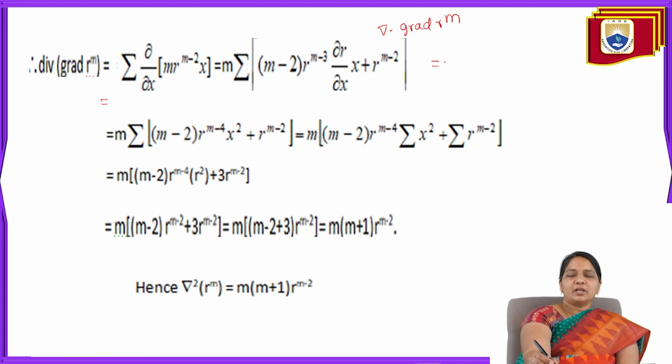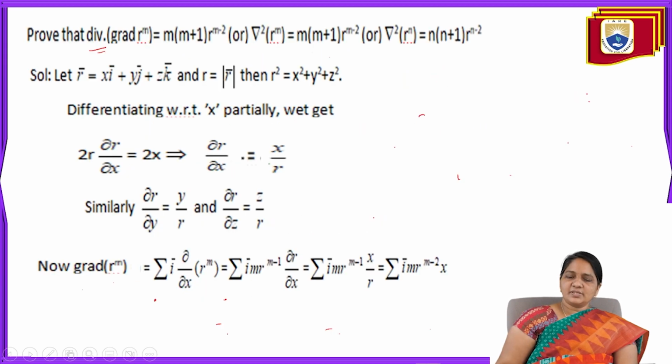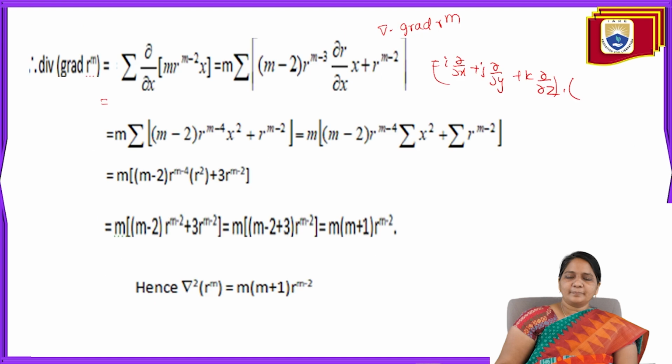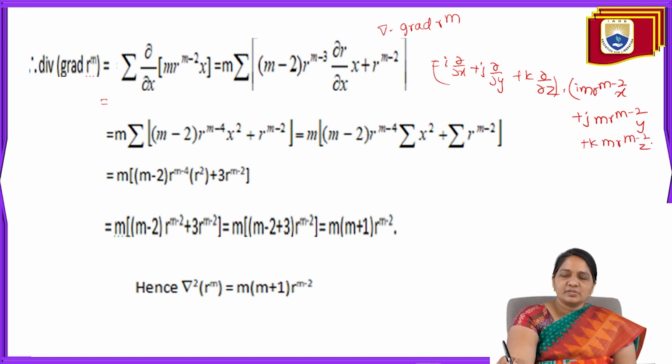So what is the del: i ∂/∂x plus j ∂/∂y plus k ∂/∂z. This is the del value dot grad r^m. Grad r^m we can observe here: i m r^(m-2) into x plus j m r^(m-2) into y plus k m r^(m-2) into z.